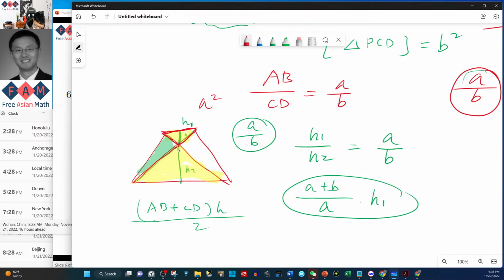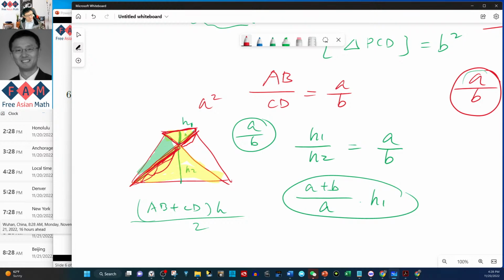So therefore, this ratio, the green one to this top yellow one, the area must be the ratio between these, because they share the same height, right? If you turn it a little bit, this is the base of the green triangle, and this is the base of the top yellow triangle.